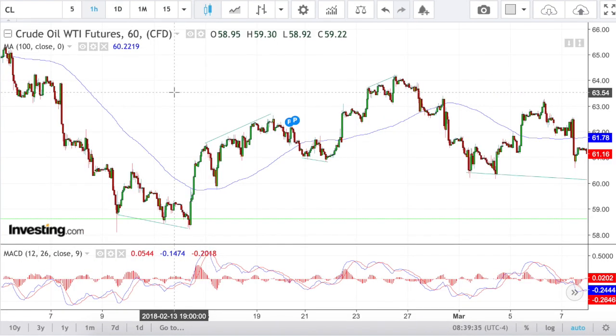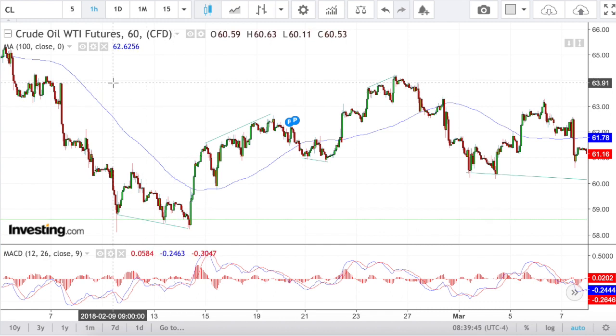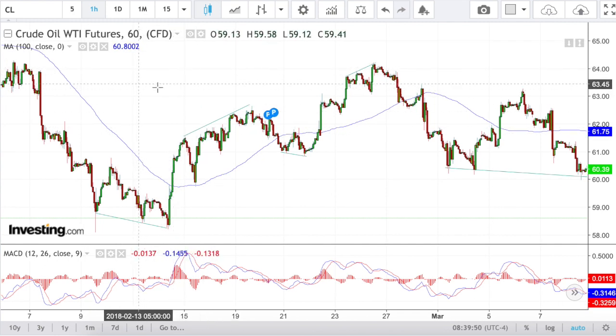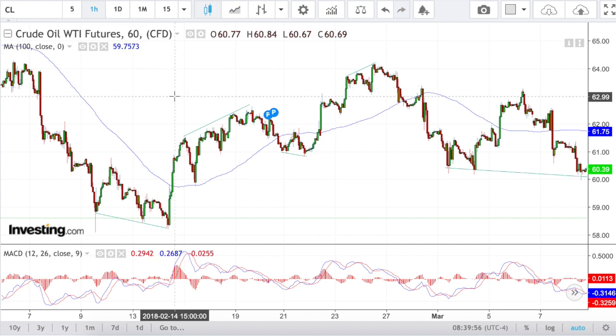So now that we've identified an uptrend, I'm going to go ahead and identify certain trades that you can make within this uptrend. So I selected a portion of the chart that we just analyzed in the first step, and we concluded that it was in an uptrend.